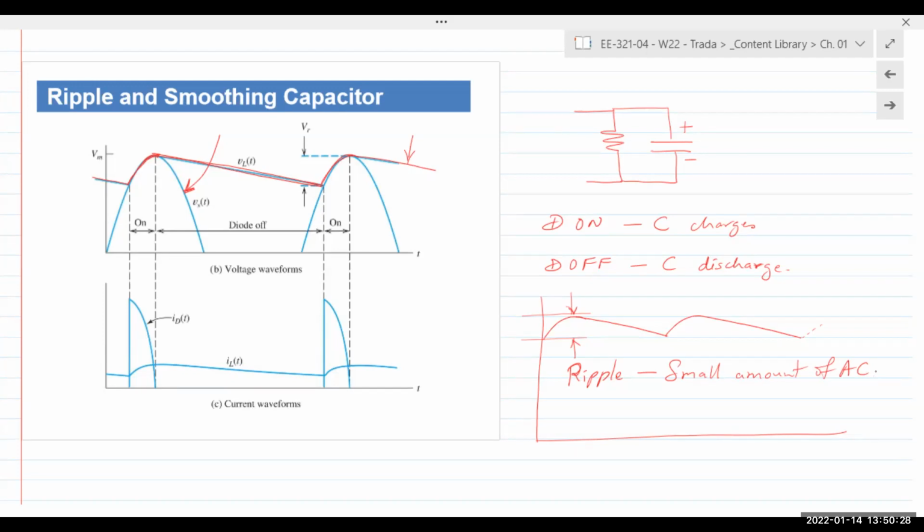So that's about 10 millifarads times 1 kilo ohm. About 10 seconds. That's still a lot. 1,000 ohms is still a lot, yeah. But that's enough to give a nice flat output. Now, there's still a ripple in there, but it's still not quite flat DC.